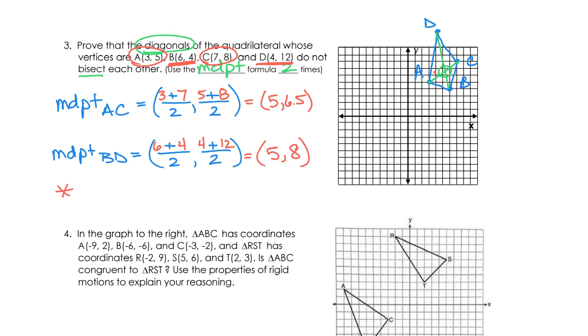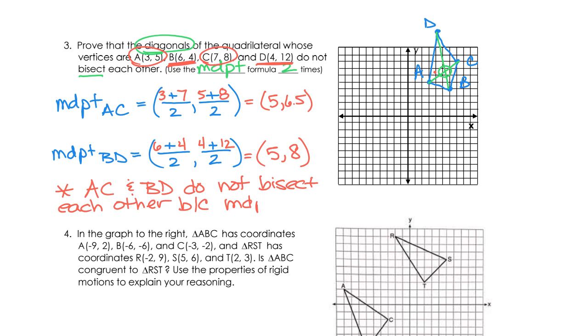So we're going to go ahead and say that AC and BD do not bisect each other. Okay, because midpoints are not the same.